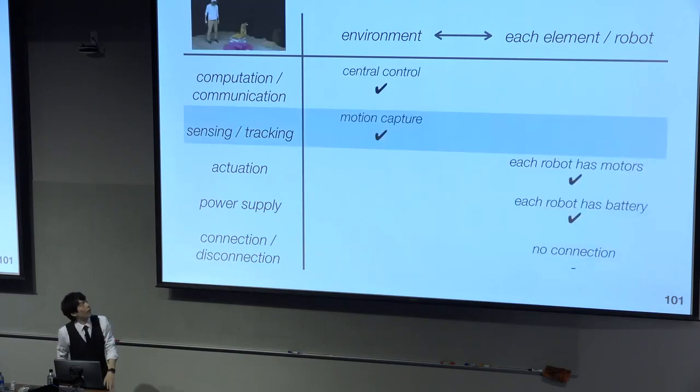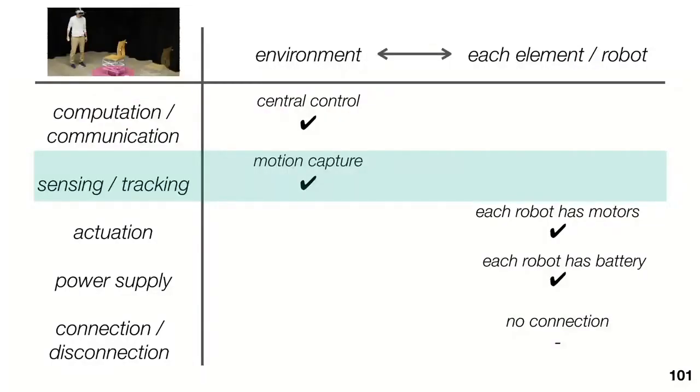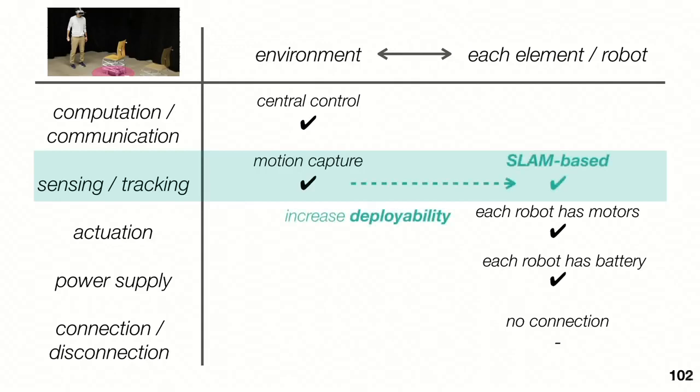So for example, think about the Roomba robots, or reconfiguring robots. We can see the computation and communication on the central side, using environment-based tracking. But if we think about using a simultaneous localization approach, a swarm-based approach, we could attach a camera to each robot to increase deployability.